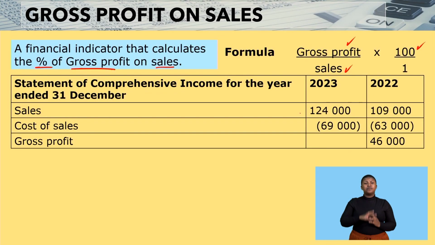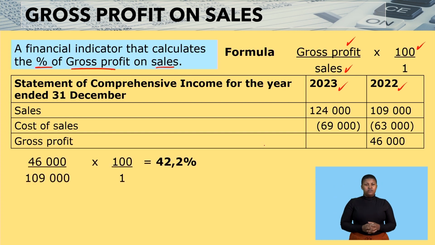We are given the statement of comprehensive income for the year ended 31 December, for the year 2022 and the year 2023. These are the 2 years we are given, and we want to calculate the gross profit on sales percentage for the year 2022 as well as the year 2023. For the year 2022, first we get gross profit.